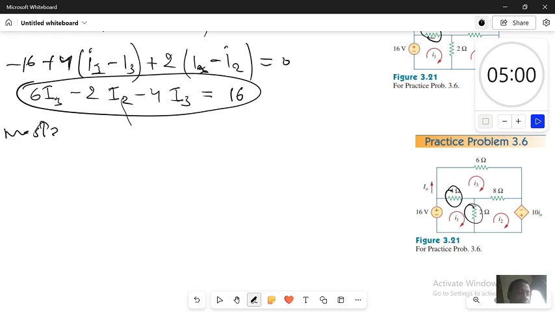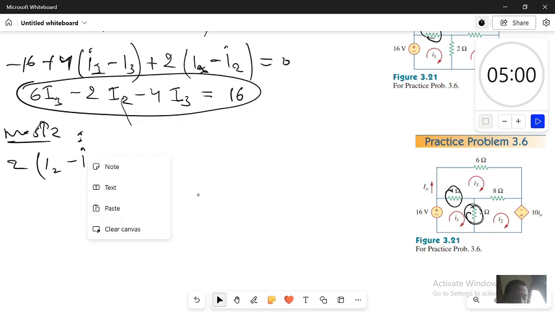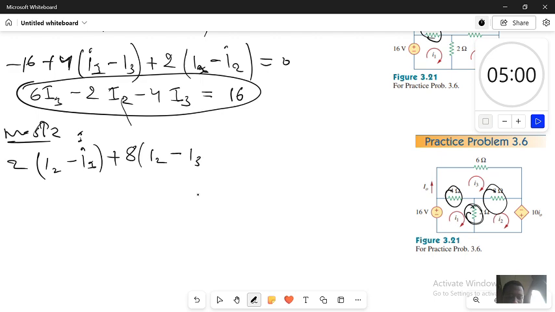When I come in mesh 2, here I have this 2. This resistor is between mesh 2 and mesh 1. Since I am in mesh 2, I will start by I2 minus I1, plus this resistor 8. 8 is between mesh 2 and mesh 3. So I will start I2 minus I3, and this arrow will come in this voltage source, it's going to be the first sign, minus 10 I0.